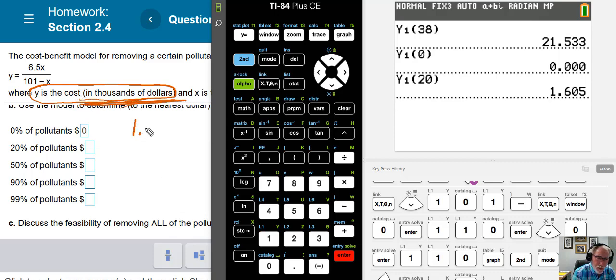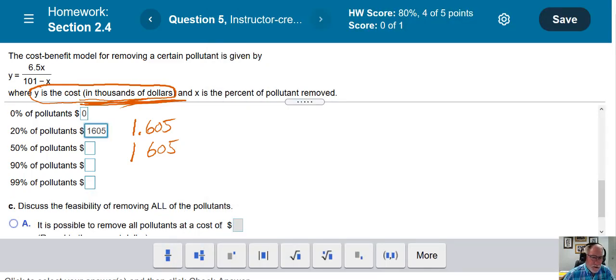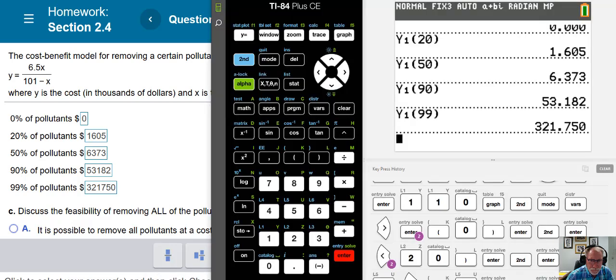So 1.605 is really 1,605. And you continue on with the other ones. So here's what I typed in my calculator, and here over on the left is what I entered in the answer boxes.